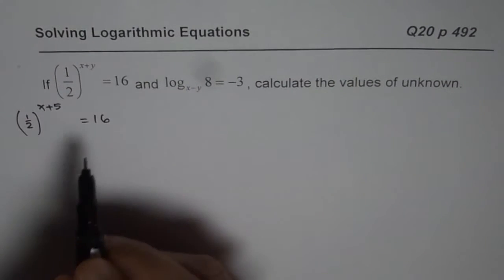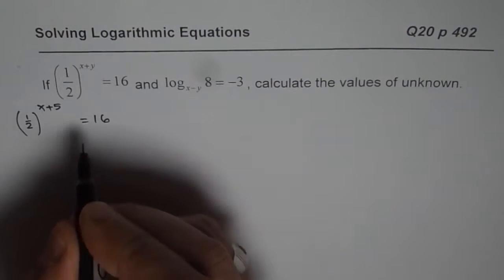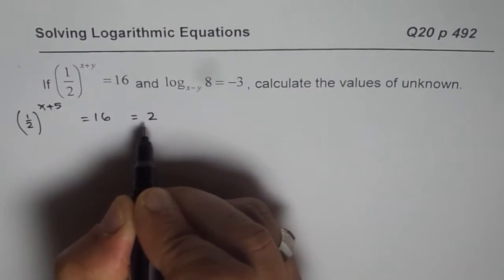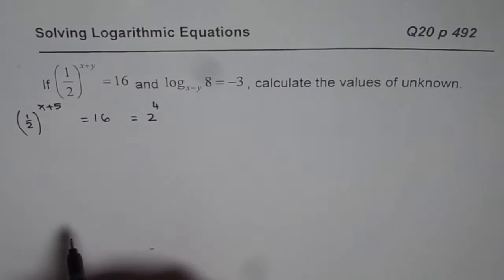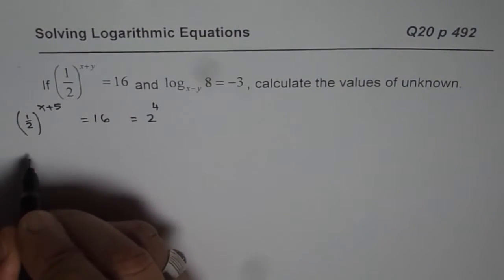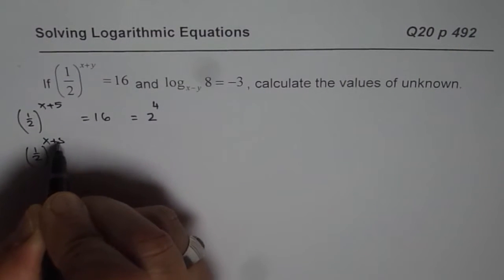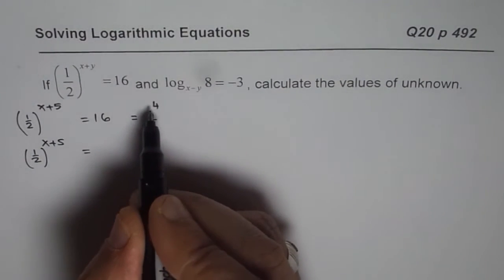Now the idea is we should write 16 as a power of half. 16 is equal to 2 to the power of 4, right? How can you write it as a power of half? We can write this as 2 to the power of minus 4.